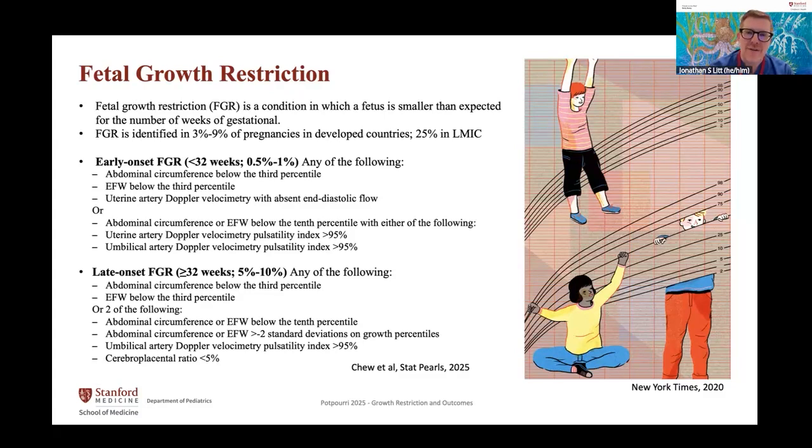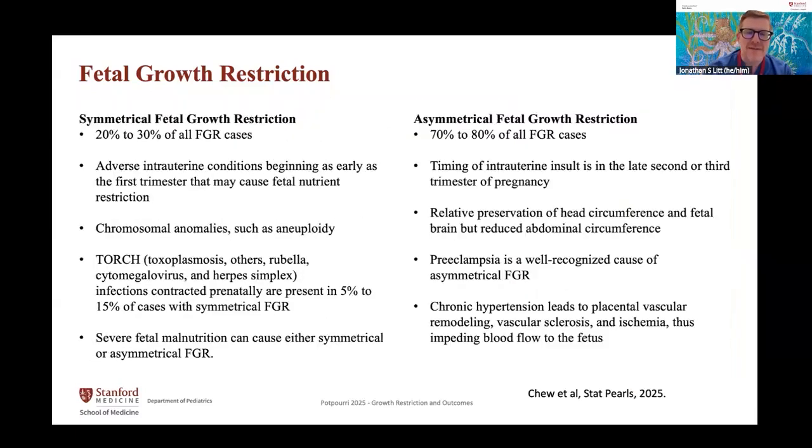For those of us practicing in the US, it defines the difference between early and late onset restriction of growth in fetal life, with onset after 32 weeks being different and more common than earlier onset. And of course, here in the US, as was mentioned just prior, we typically use a much less complex definition. We also think about symmetric and asymmetrical growth restriction.